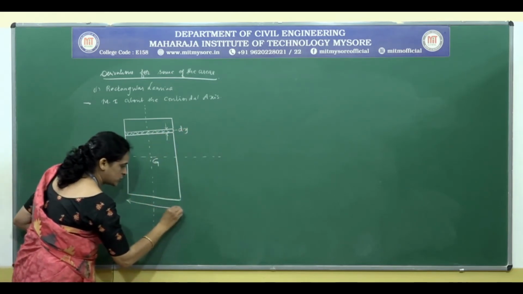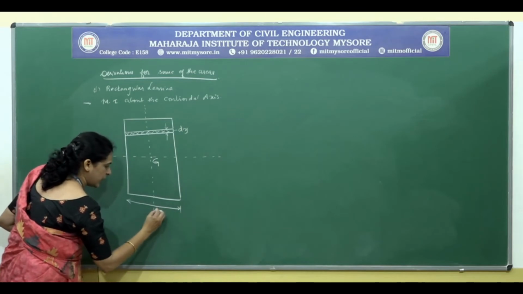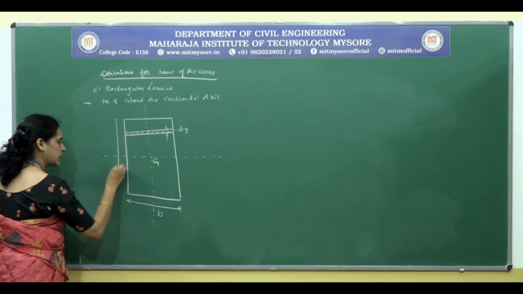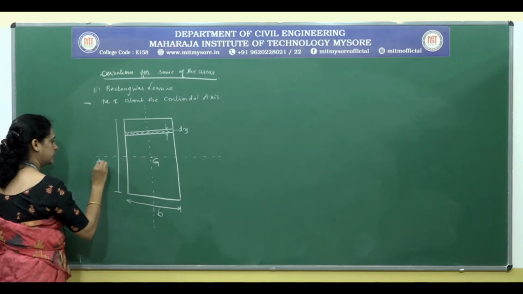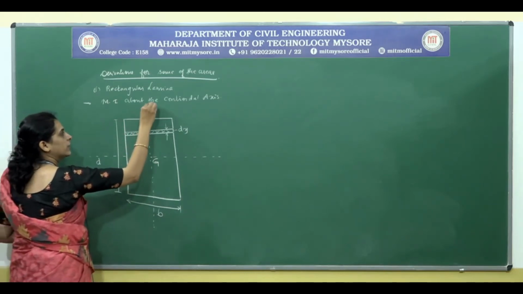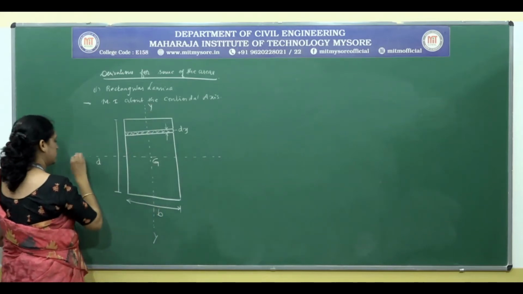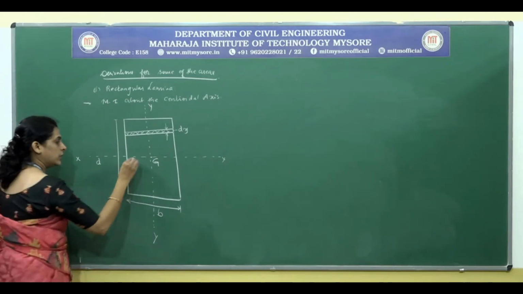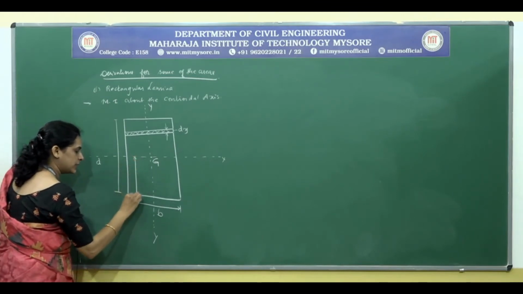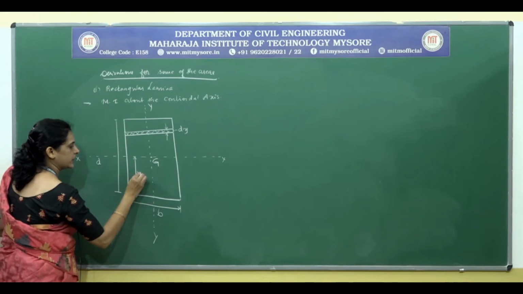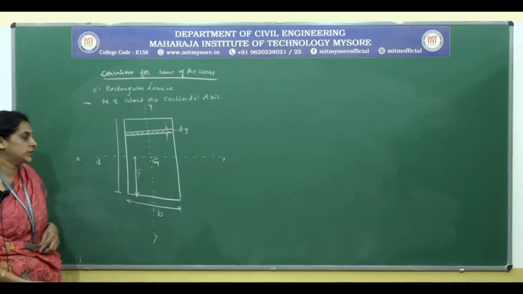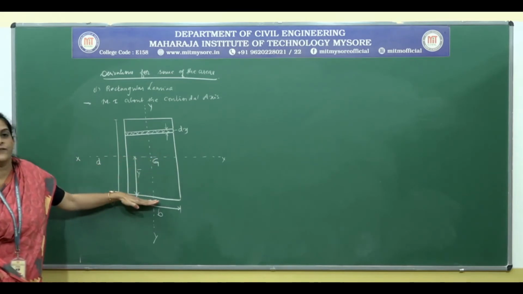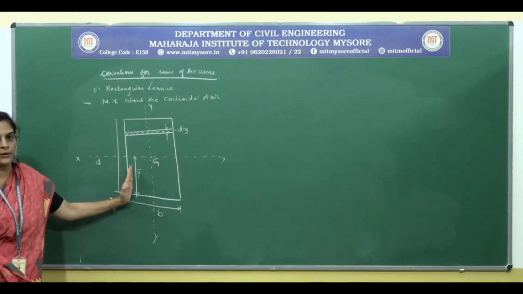The dimensions of the lamina are breadth b and depth d. We will denote the axes as xx and yy. The distance from the centroidal axis up to the reference axis is y bar.